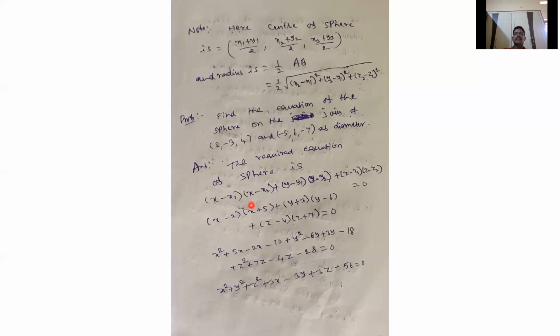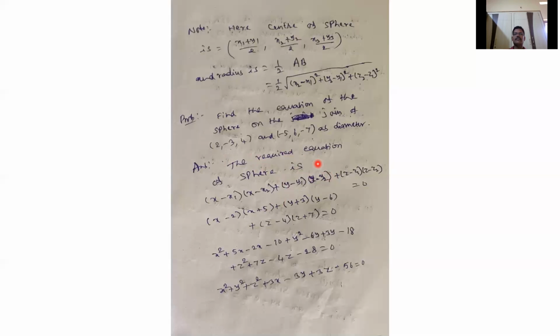So here x1 is 2, x2 is minus 5, y1 is minus 3, y2 is 6, z1 is 4, z2 is minus 7.